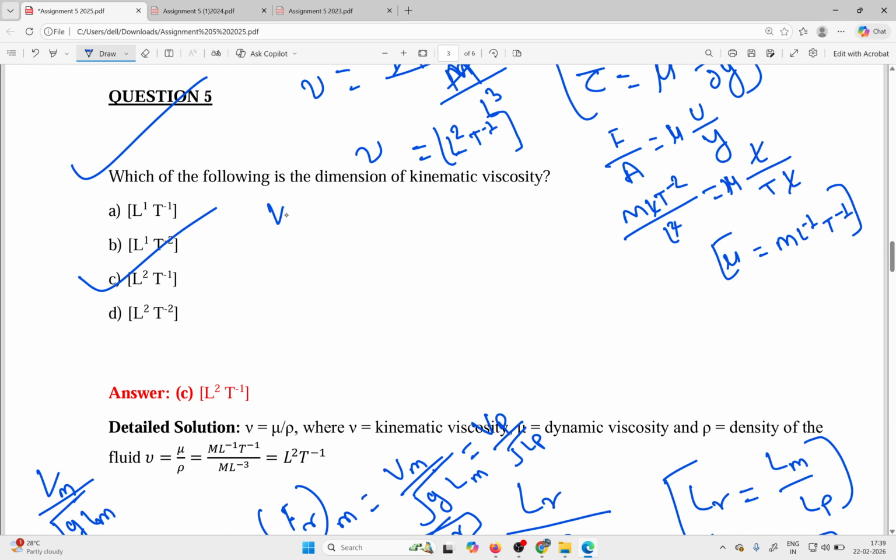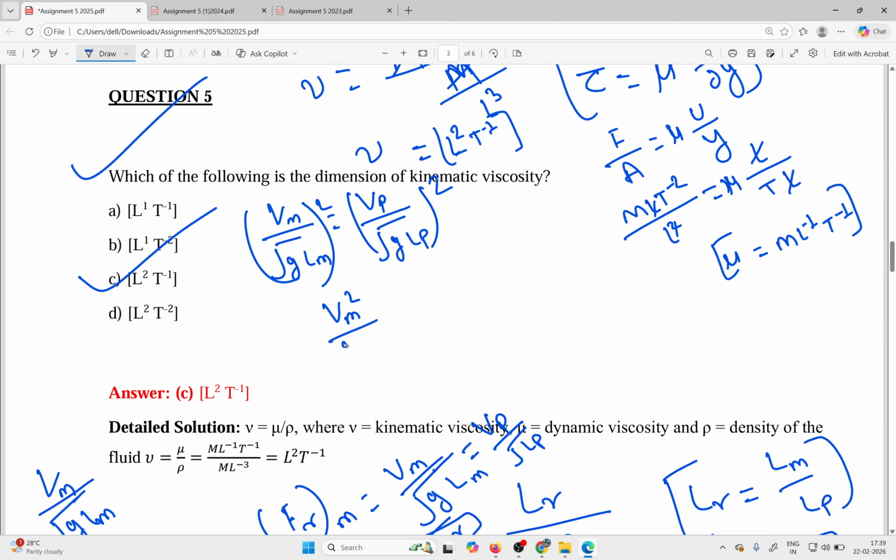So Vm divided by root g Lm is equal to Vp divided by root g Lp. Let us take the square on both sides. After squaring, we will get Vm square divided by g Lm is equal to Vp square divided by g Lp.